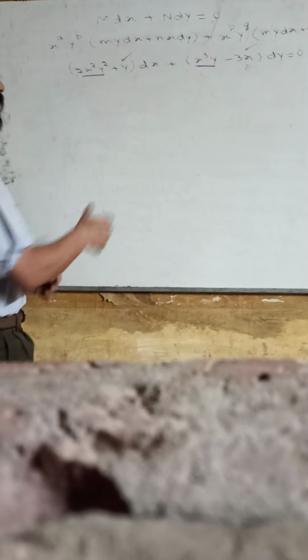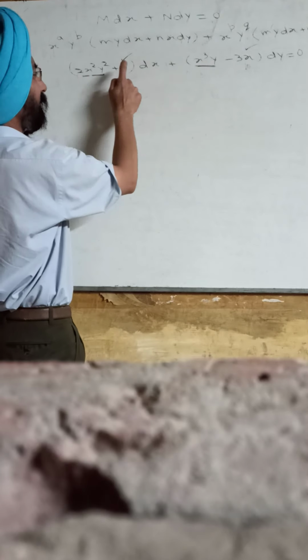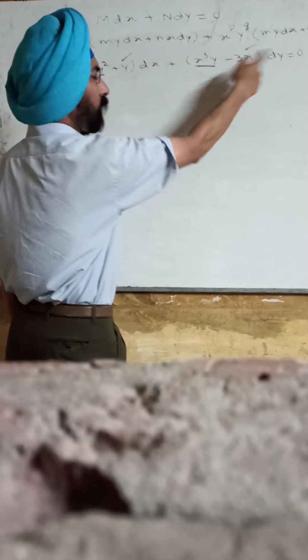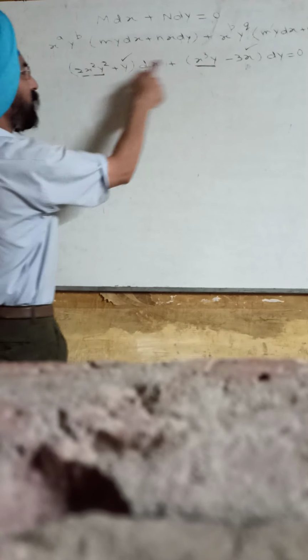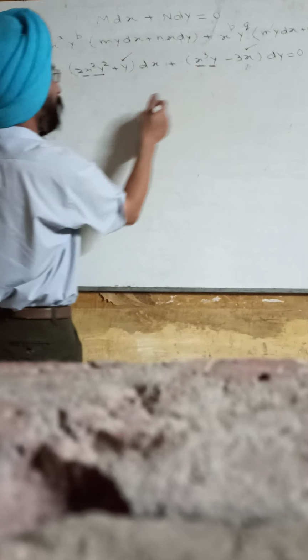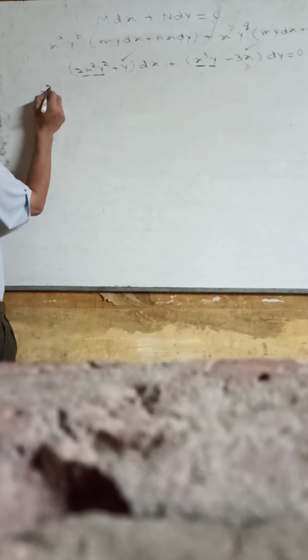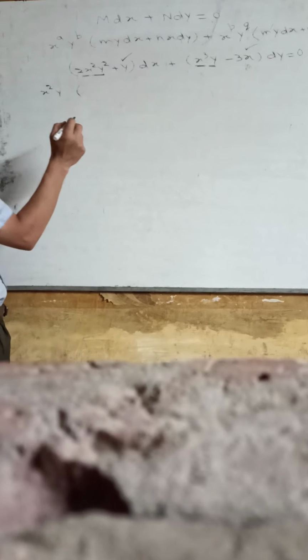Collecting these terms, if I collect these two terms in one bracket and these two terms in the other bracket, what will I obtain? From these two, x² and y will be common.